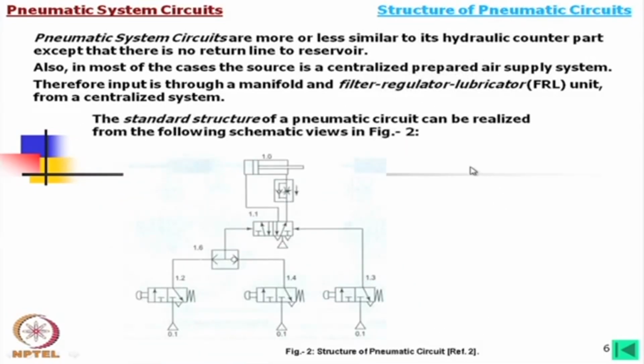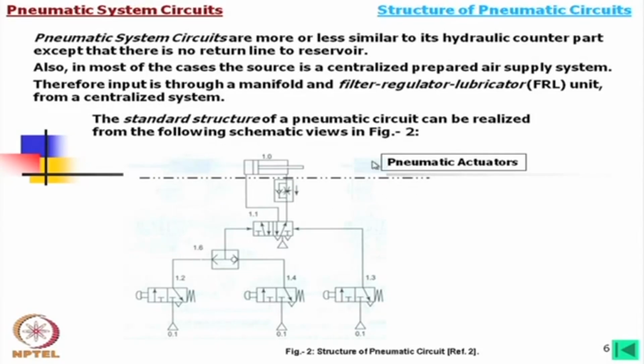Now, we shall look into what should be the standard structure of a pneumatic circuit, and that can be realized from the following schematic view in this figure. What we find is that this is a pneumatic actuator, the application end.